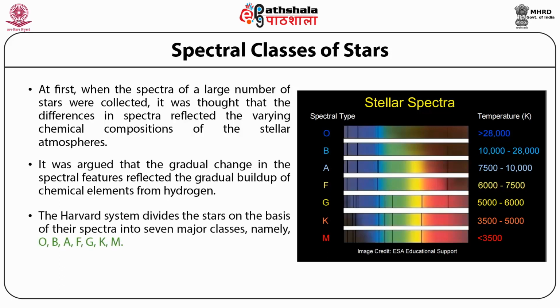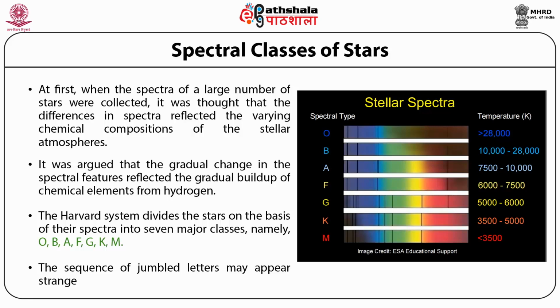The Harvard system divides the stars on the basis of their spectra into 7 major classes, namely O, B, A, F, G, K, M, depending upon the temperature range, as shown in this figure. The sequence of jumbled letters may appear strange.